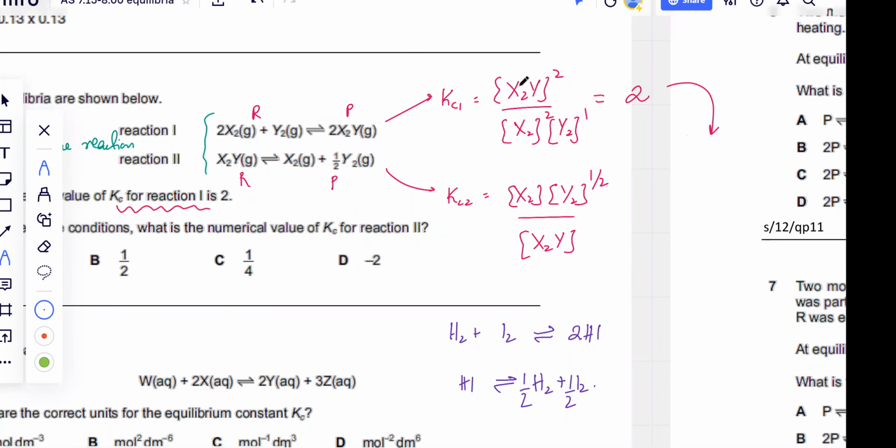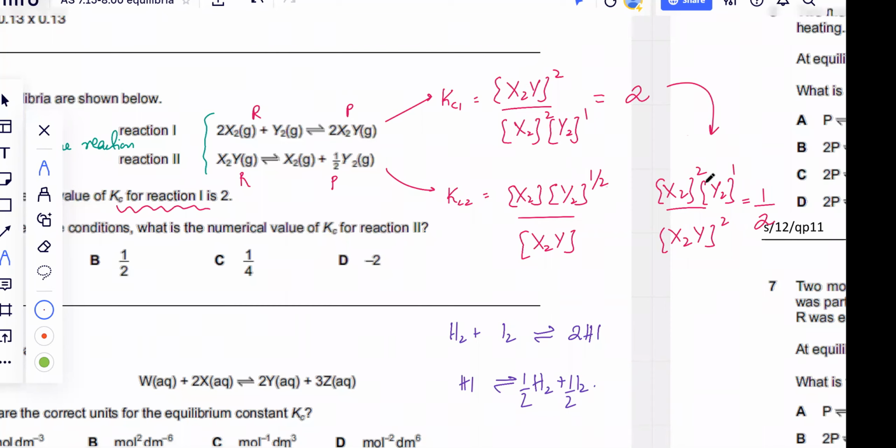So I'm going to take a reciprocal of that. X2Y would come at the bottom, and X2 concentration squared and Y2 to the power 1 would go on the top. So I've just inverted it. It would now be equal to 1 by 2. Is this clear to everyone? Yes.